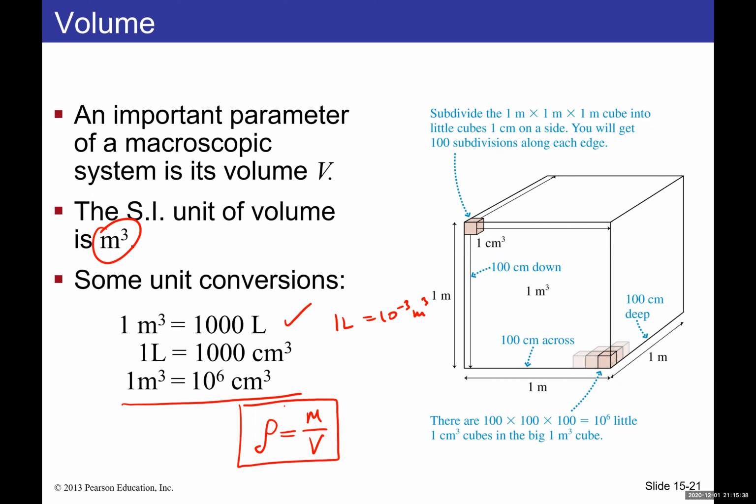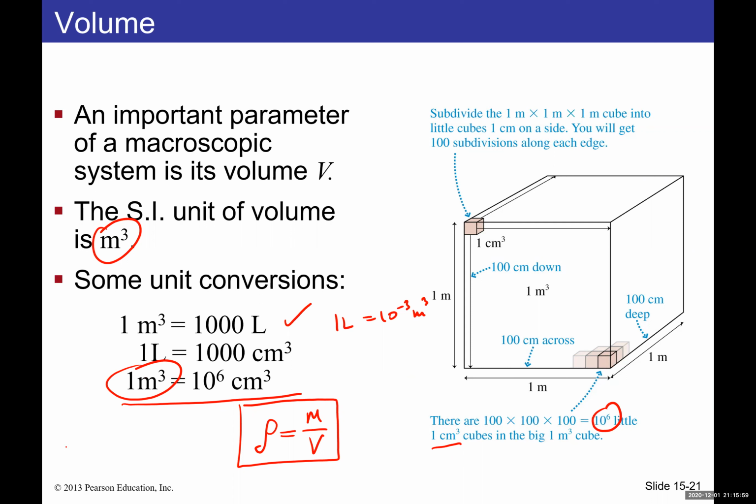For example, if you have a cube in front of you that is 100 centimeters by 100 centimeters by 100 centimeters, one thing you can do is 100 times 100 times 100, which gives you 10 to the 6 cubic centimeters, which we now know is 1 cubic meter.